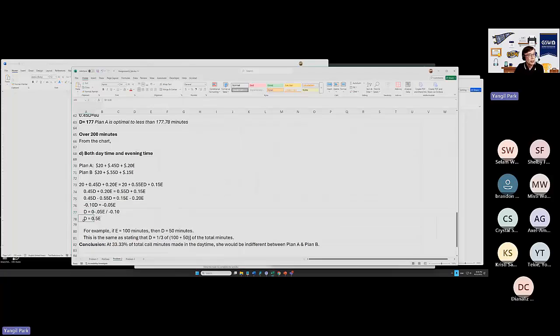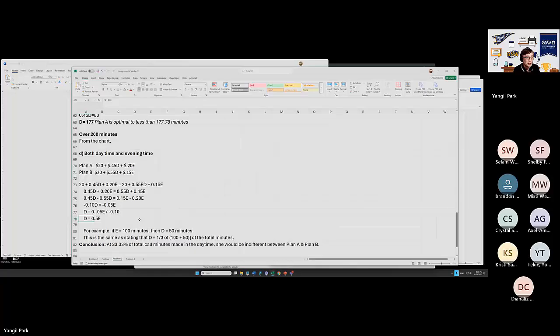And then it's coming down to D equals 0.5 E. Meaning that if you have 100 minutes for evening time, then daytime will be 50 minutes, right? Because it's only half of them.